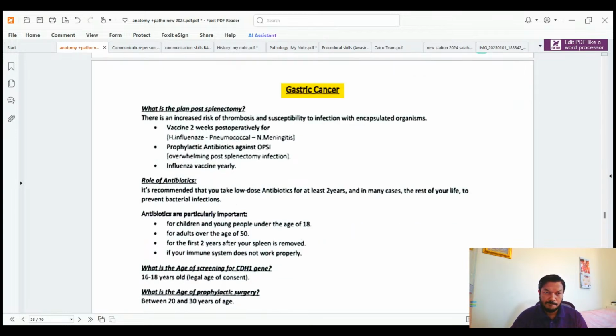What is the plan post splenectomy? We have to describe the vaccine and the antibiotic.